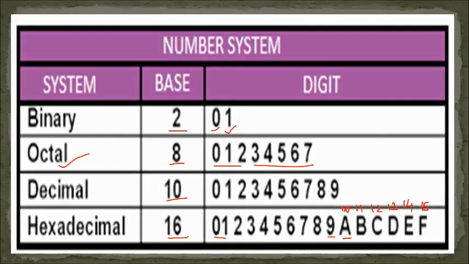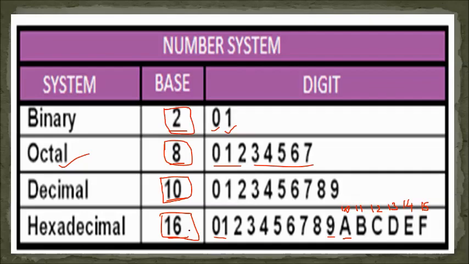So this is also 0 to 15, totally 16. So based on the digits only we are using the base value: 16 for hexadecimal, 10 for decimal, and 8 for octal, as there are 8 digits. Binary has only 2 digits, so we consider the base value as 2.